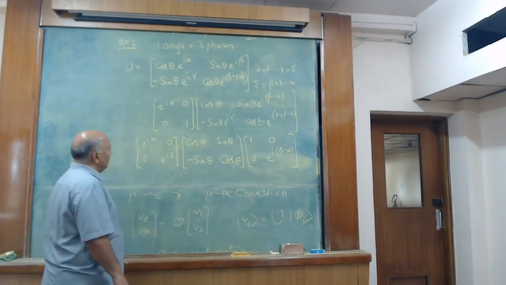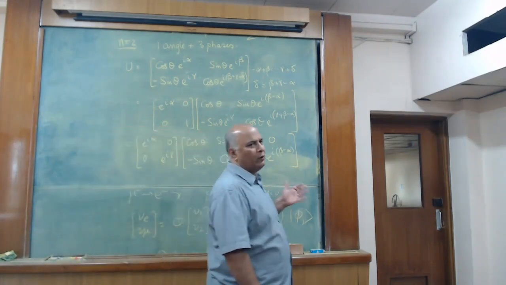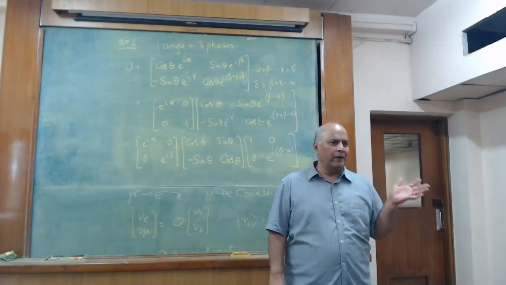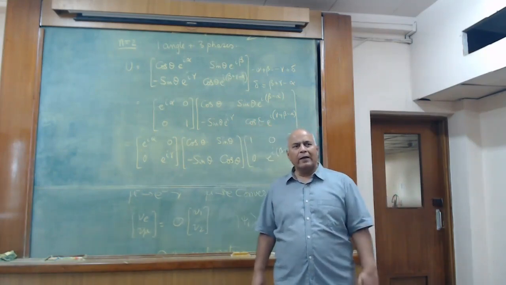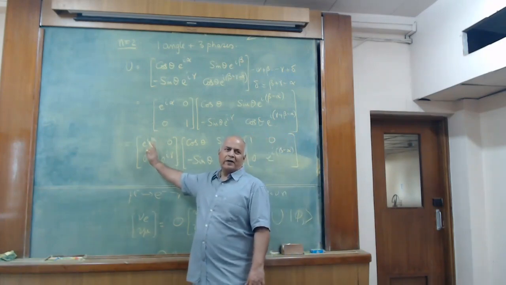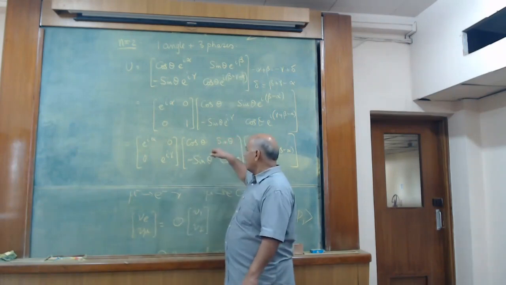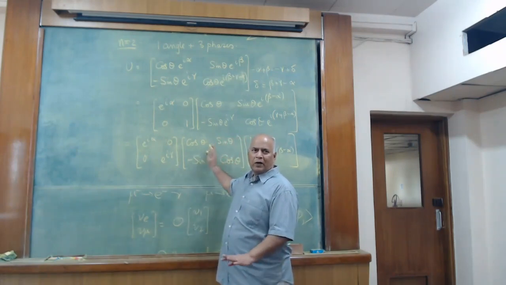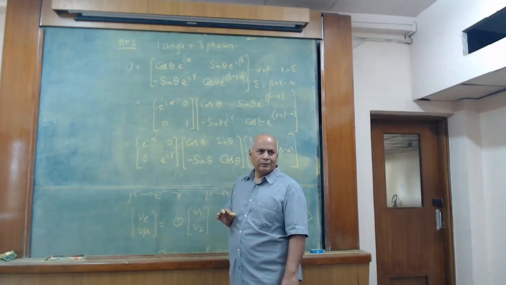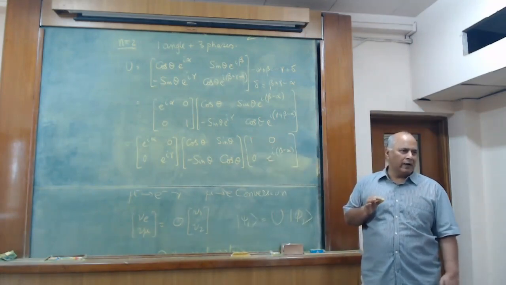So you see that the most general 2 by 2 unitary matrix, I can write as a phase matrix on the left hand side times purely a rotation matrix times a phase matrix on the right hand side.